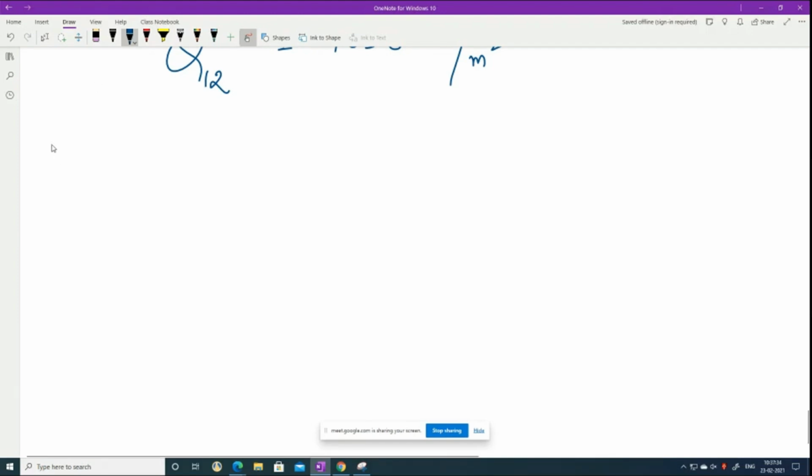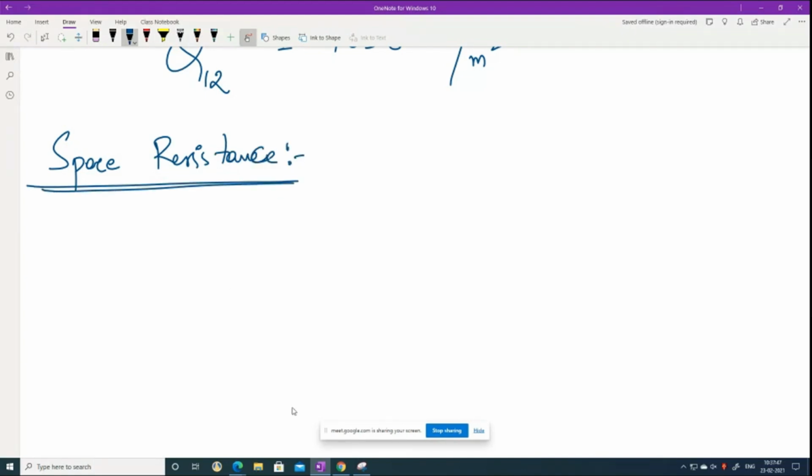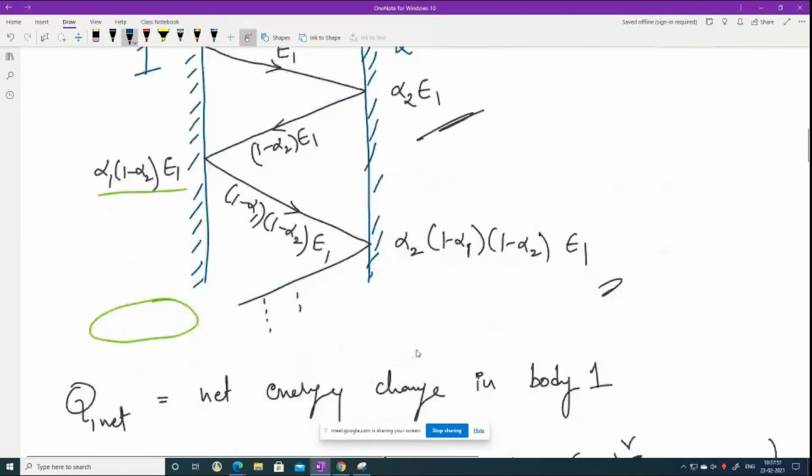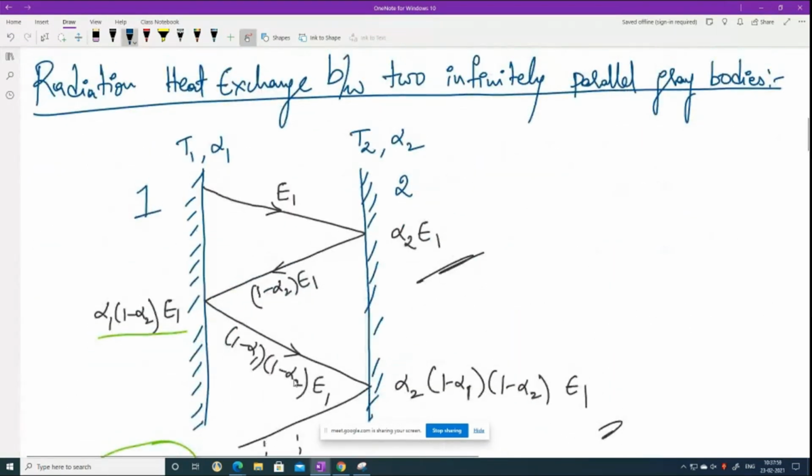Before that, I must tell you what is called a space resistance. This resistance will be offered by the space in between. Here, in this case, we have not considered the resistance offered by the space. Space will also offer certain resistance, like you do for the conduction case.